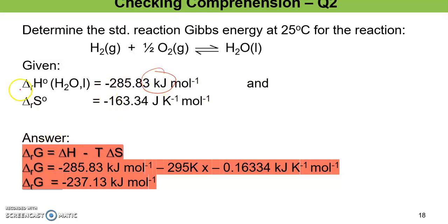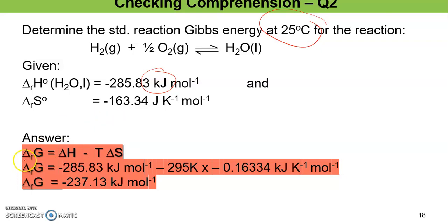So again, to find the reaction, we have data here, delta S, and also the temperature here. We know that we have a few formulas of enthalpy or Gibbs energy. This question provides us all of the data, so from there we know which formula we need to use.